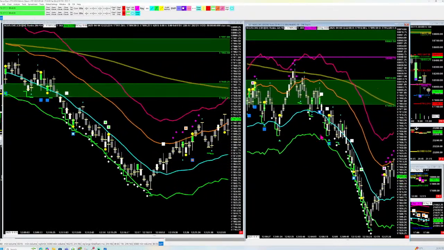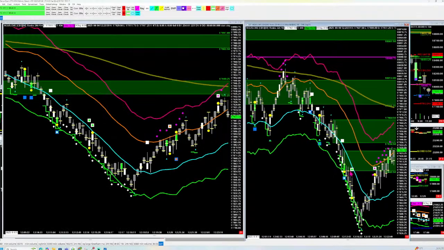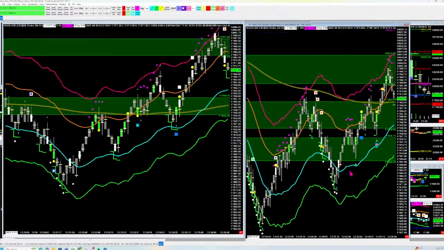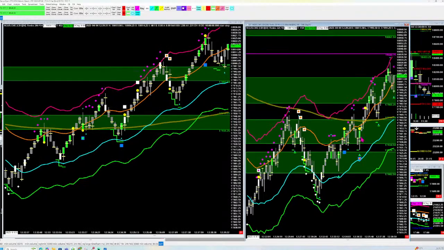Got pretty difficult there. This and this. No algo above it. You can see when it's strong, it gives the algo in it, not underneath. So this is probably fine.